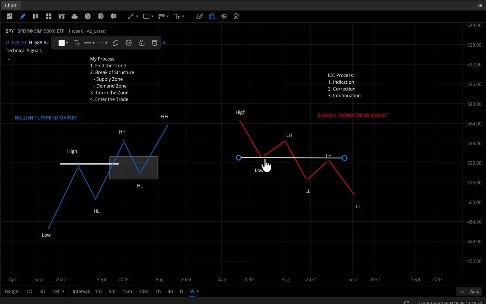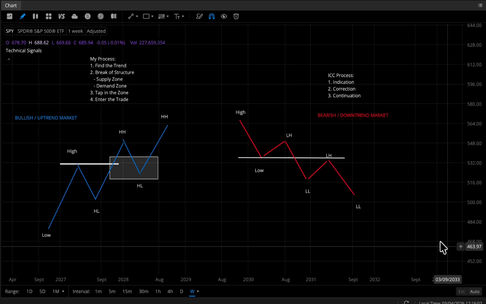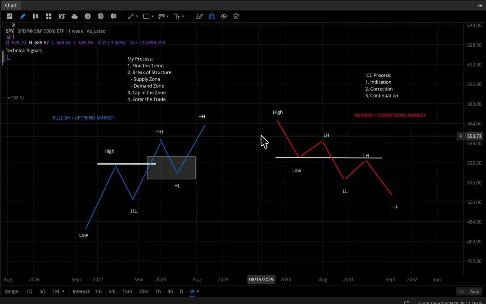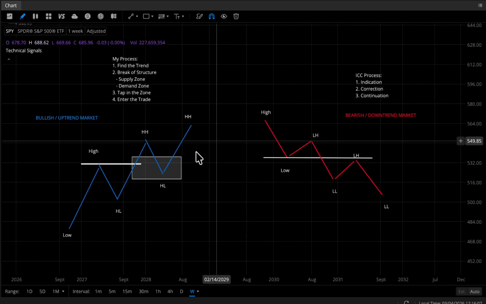Price moved lower, indicated it wanted to go lower because it broke this structure, came back, corrected itself, and continued lower. It's that simple. There's no other way to put it. It's literally that simple. All right, now I'm going to show you this on an actual chart.